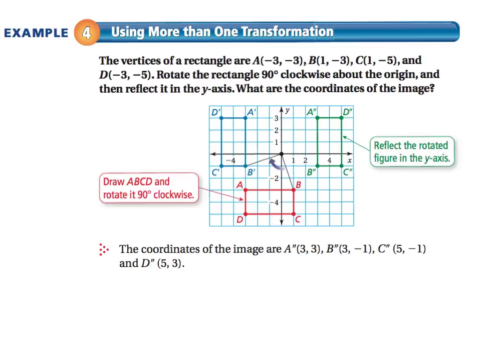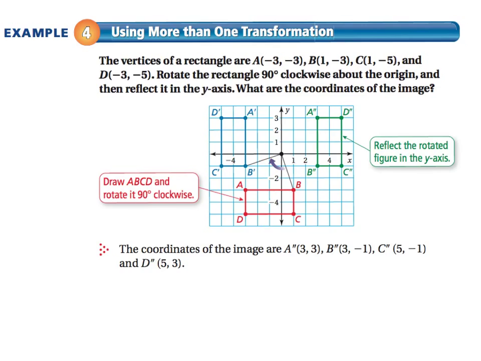Now, we are now going to use more than one transformation. So I'm giving you these vertices which are in red. Triangle ABCD are in red. I want you to rotate the rectangle 90 degrees clockwise and then reflect it on the y-axis. So notice here, here's what happened. It went 90 degrees up.